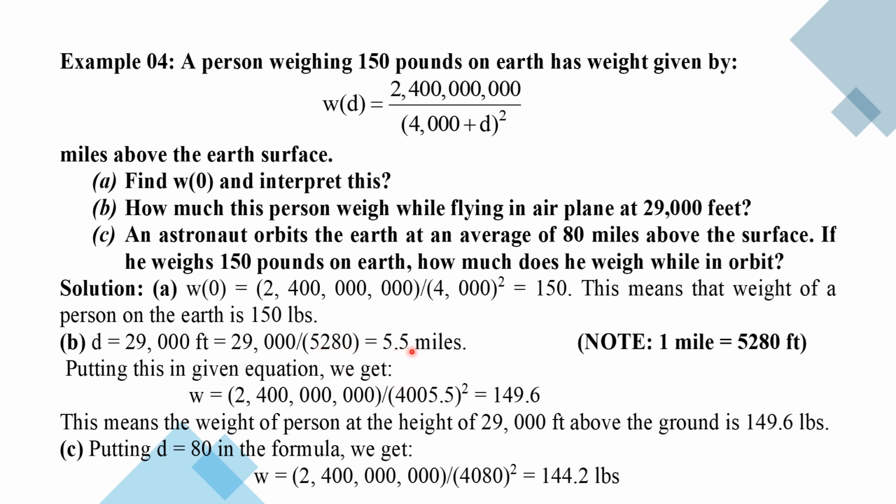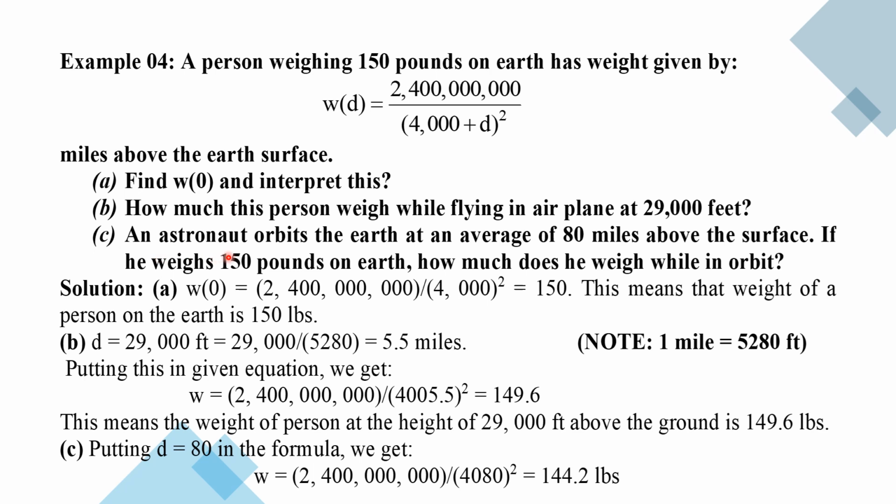So D is equal to 5.5; putting it in the formula, W is 150 times (4000 over 4005.5) square, so 149.6 is the weight of the person while flying in the airplane at 29,000 feet.